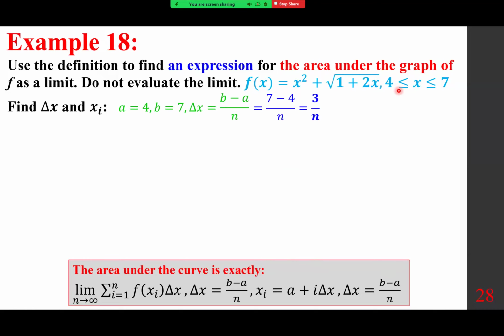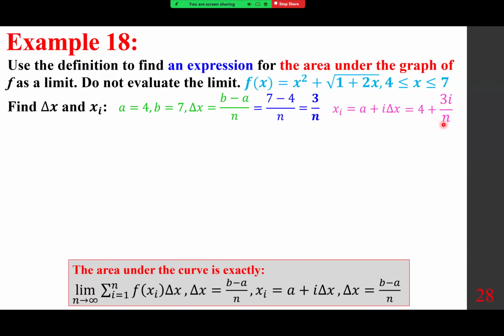So that's delta x first. x sub i is a plus i delta x. So a is 4, plus i times delta x, 3 over n. x sub i is a, replace it with 4, plus i delta x, replace it with 3 over n. So I hope you see how simple it becomes.